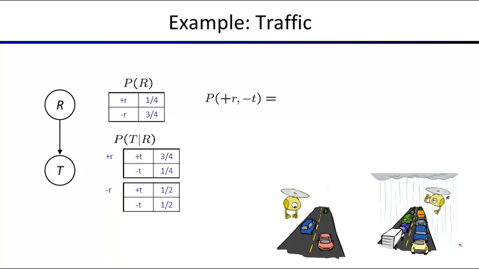Let's do another example. Traffic. What is the probability for plus r and minus t to happen? Well, that's the probability for plus r times the probability for minus t given plus r, which we can then compute: plus r 1/4, minus t given plus r, also 1/4, so 1/16.